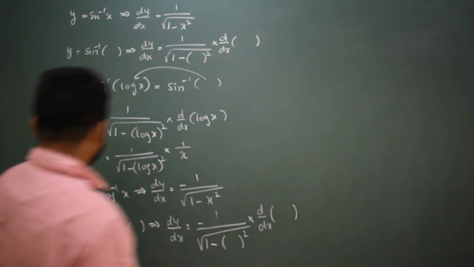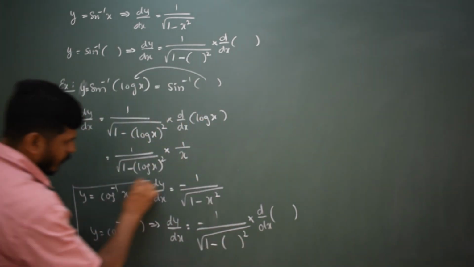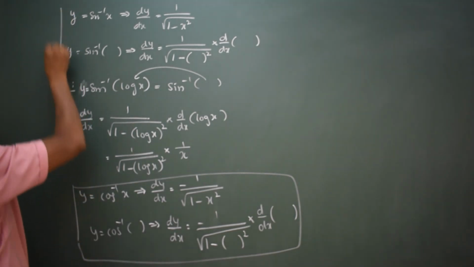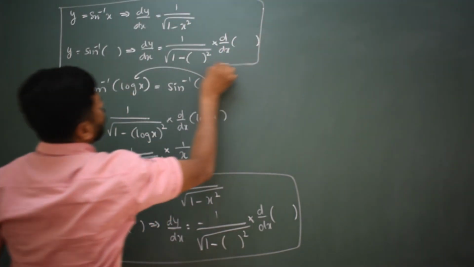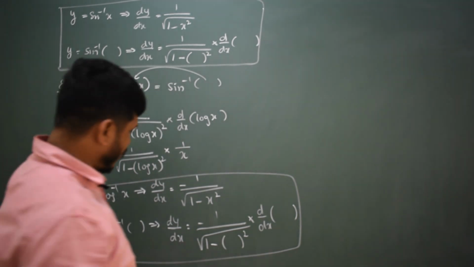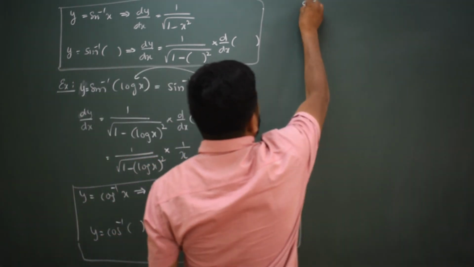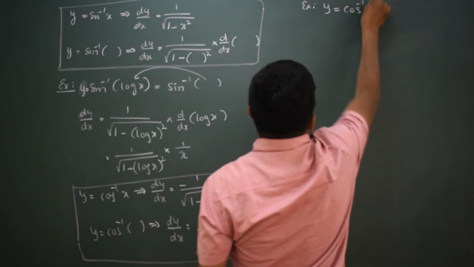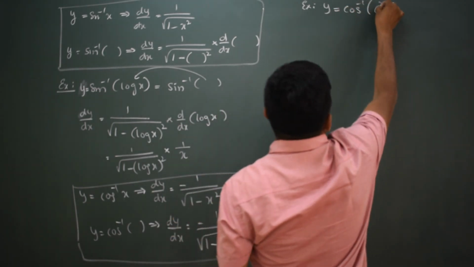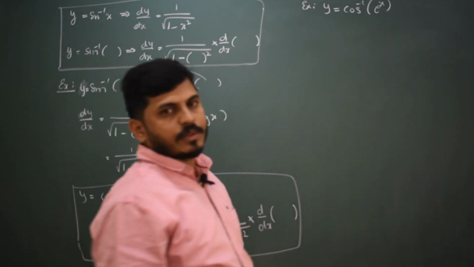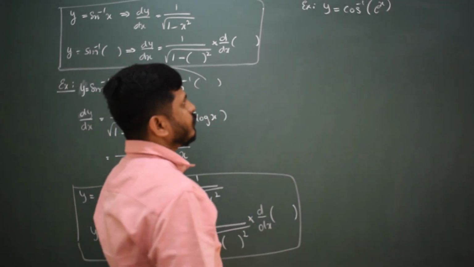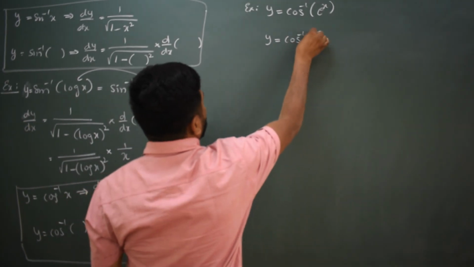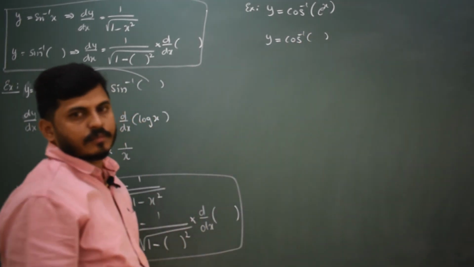Say for example, this is another formula what I wrote. This is the first formula. y is equal to, say for example, y is equal to cos inverse e raised to x. Read it as cos inverse something.